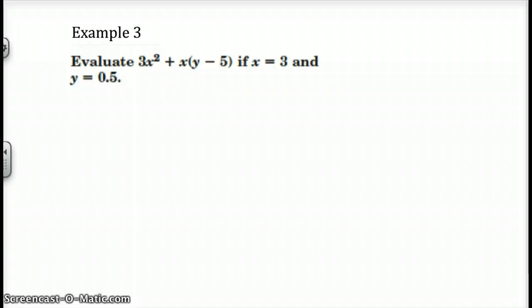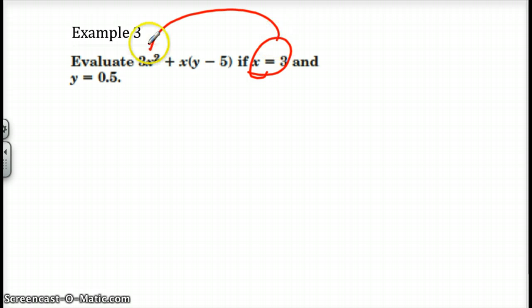All right, let's take a look at example number 3. It says evaluate. I have an expression here, and I need to plug and chug, is what Mr. Ludlam would say. I need to plug in my numbers for x and y. So that's the first thing I'm going to do.